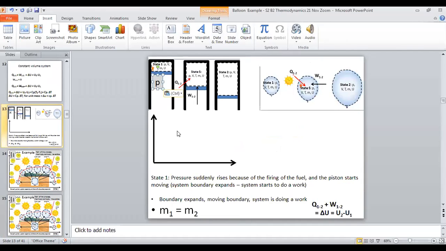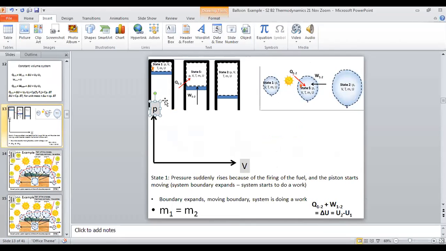I'm going to add the same PV, pressure and the volume. Here the addition is an engine.